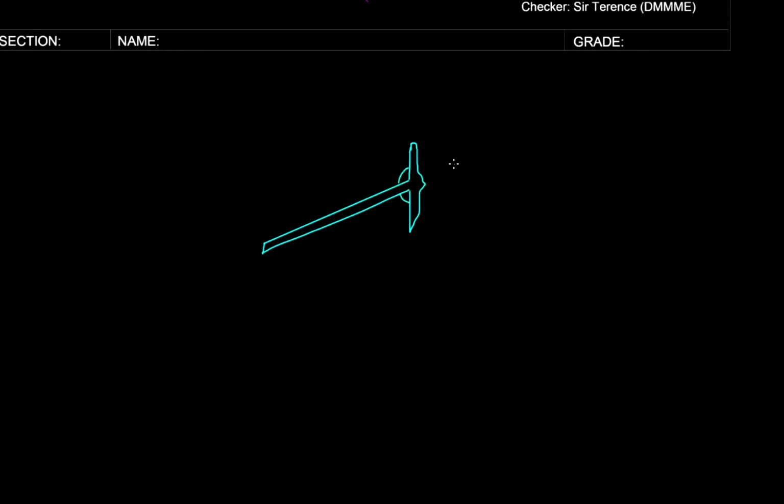So hindi siya nagmumukhang perpendicular, lalo na pagka kunwari we show it as two lines lang. Pero there is one view wherein kunwari finix natin as perpendicular yung long side ng t-square natin.